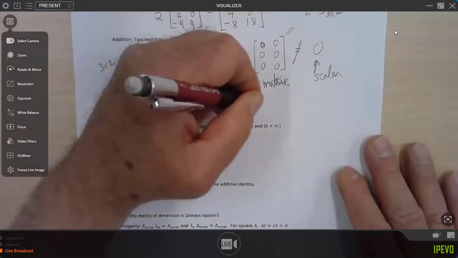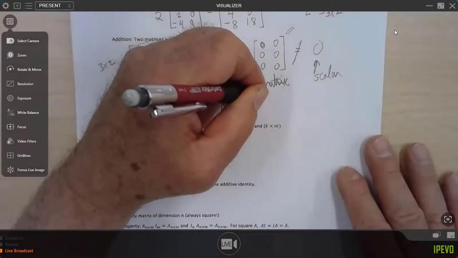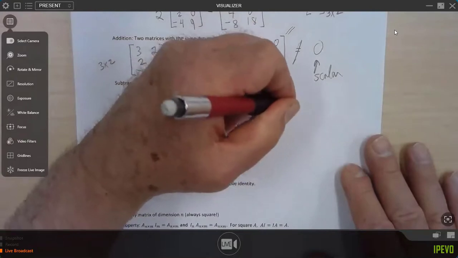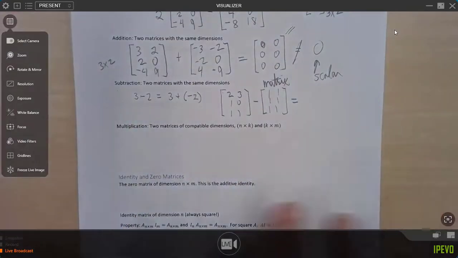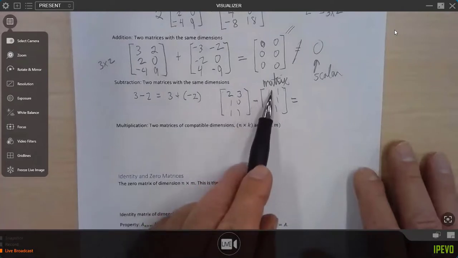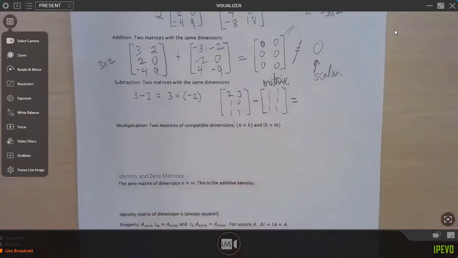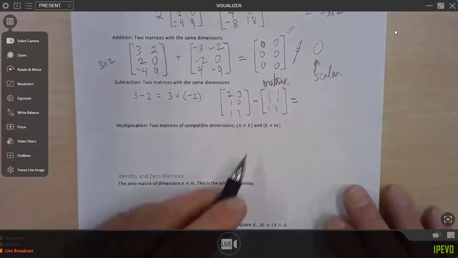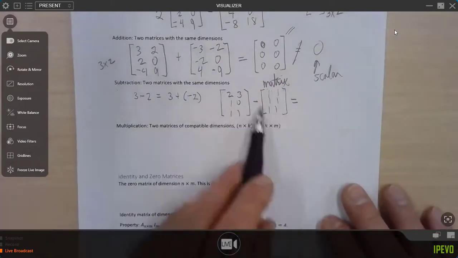If you wanted to subtract these matrices, well, you could think of it if you wanted to. I don't want to be too inventive because it takes too long. If you wanted to subtract these, you could just subtract the corresponding entries. But to formally define it, what you're really doing is adding the negative of that matrix.